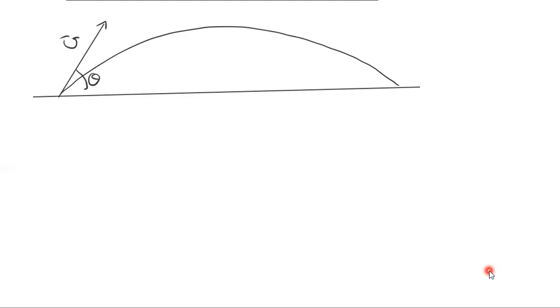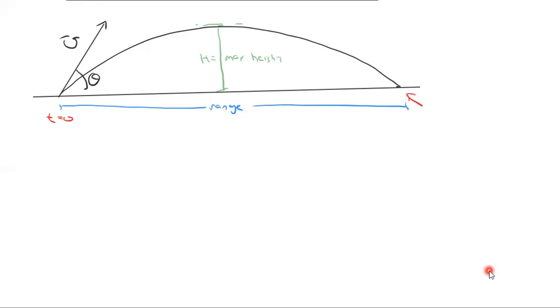But you should also note that your projectile will reach some maximum height, which I'll call h, and it will also land somewhere. That distance is what we call range. It will also take some time to fly that far, so it's going to land at some time, which we can call TF, equal to the time of flight.